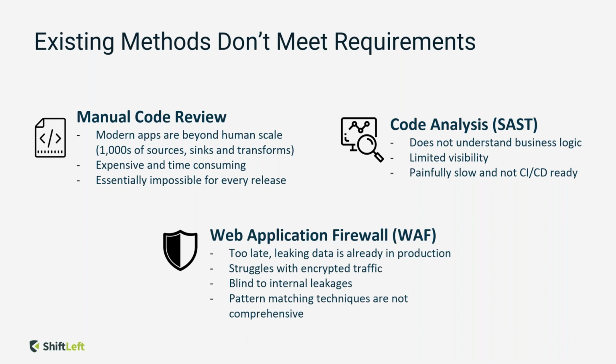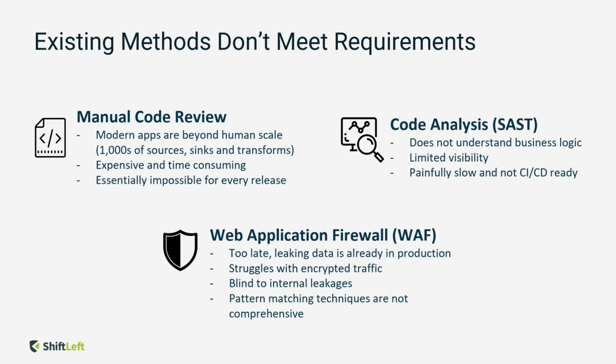And the third option that exists today is trying to put something into production. Now, we already discussed putting something in production is a reactive method. You're trying to block leaks from happening, so you're actually not finding out if leaks are possible. And a WAF or a RASP, anything that you put into production, doesn't understand your application, right? It is looking outside in.